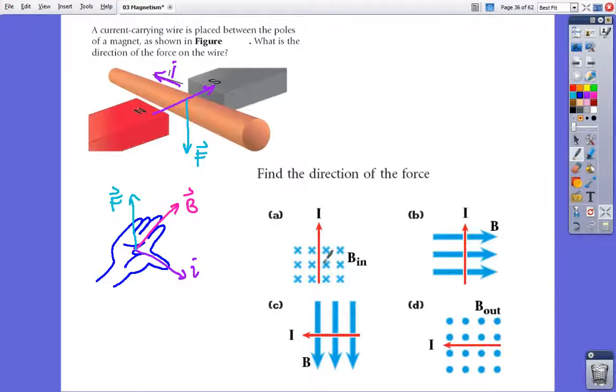B goes away from us. I is the thumb, B is the forefinger, so F is the direction of the palm. And then for the next one, I is the thumb, B is the forefinger, and F is going away from us. Now for the next one, I do the thumb, B the forefinger.